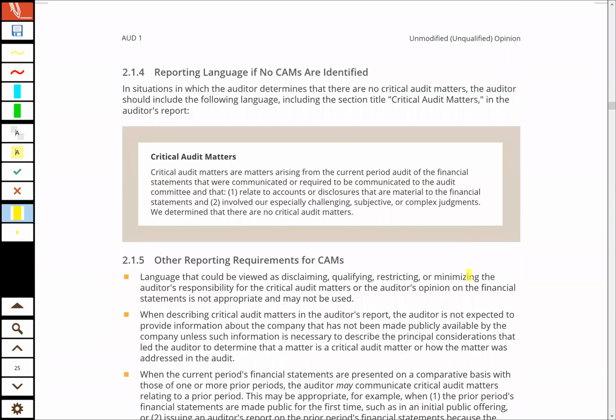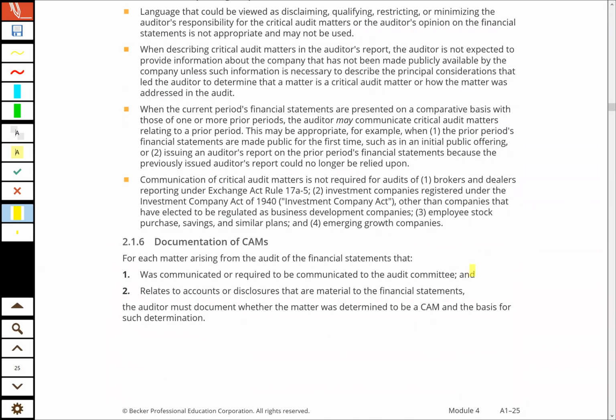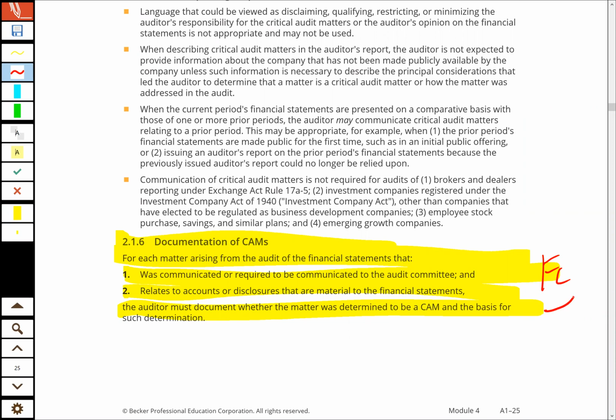Now you come over, and we're going to see that when it comes to documentation requirements, okay, I'm going to usually ask you to flashcard documentation requirements because the exam likes to ask about, well, what needs to be documented?